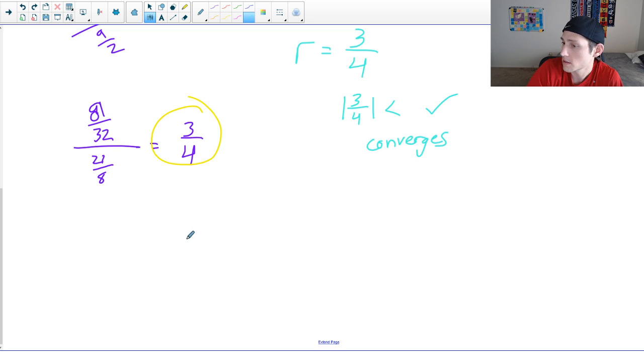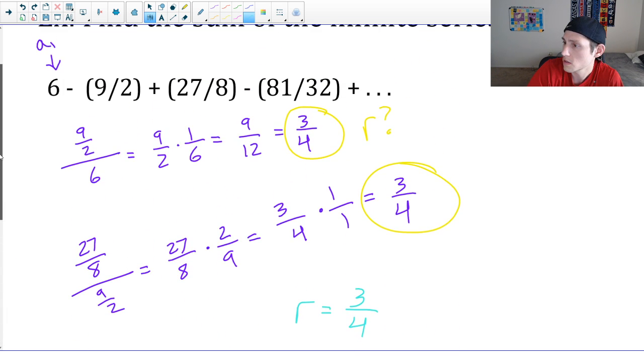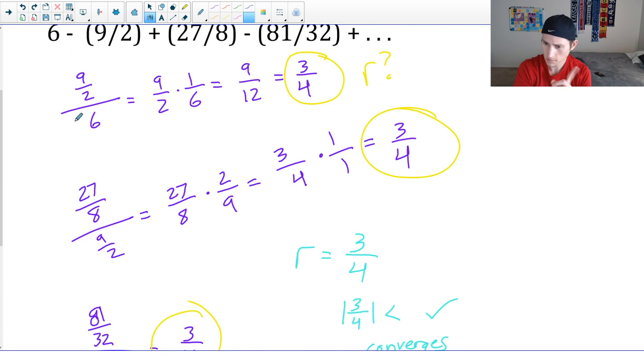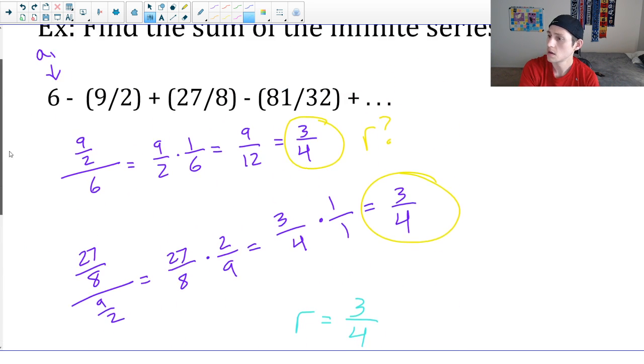So what is that sum? That sum is A1 over 1 minus R. A1 is 6, right? Yep. Oh, wait a minute. I forgot a very key piece.